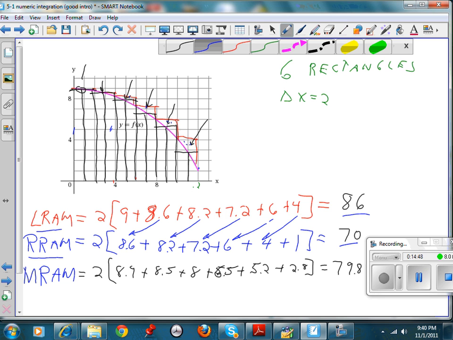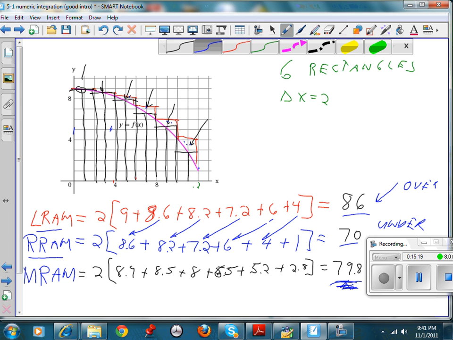I've since erased the other one, but the right rectangular was an underestimate. And if you wanted to know, the most accurate one was the midpoint. That was the best one for this particular function. Depending on the concavity of the function, you'll see different methods will work better.